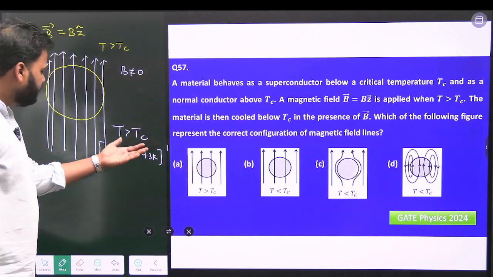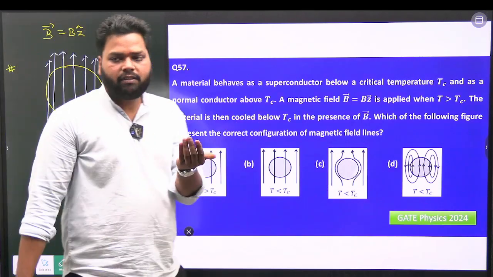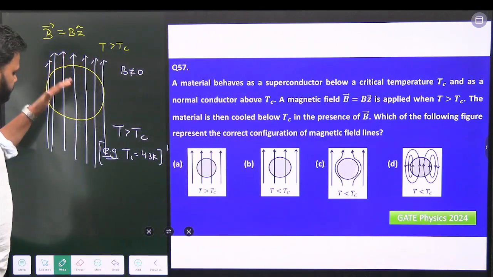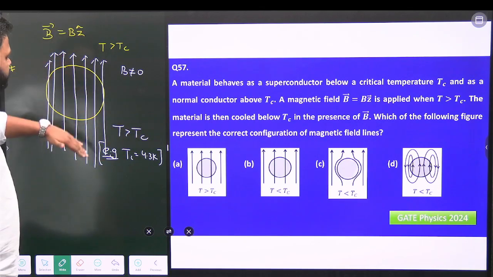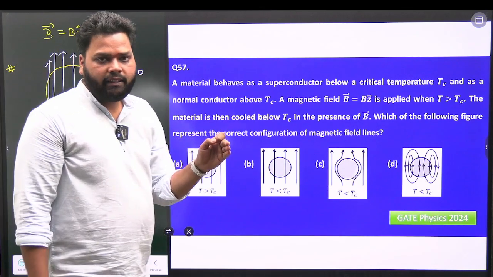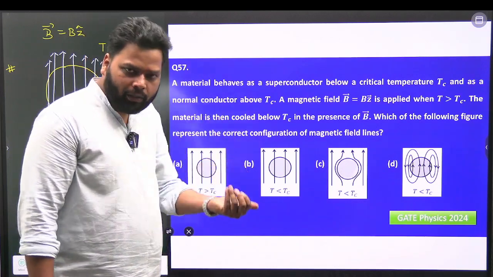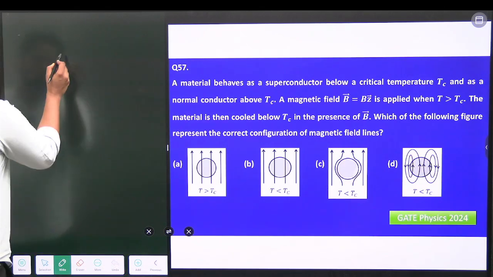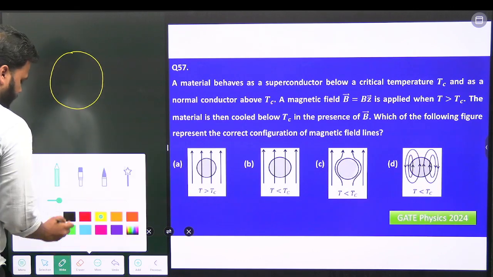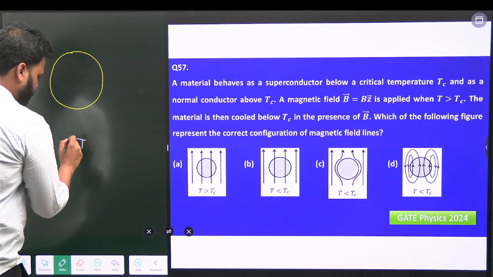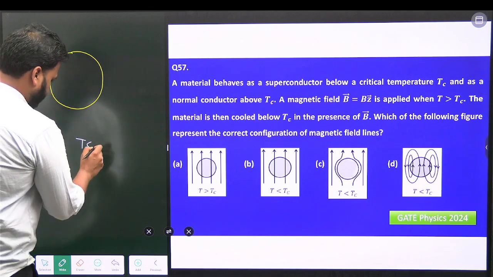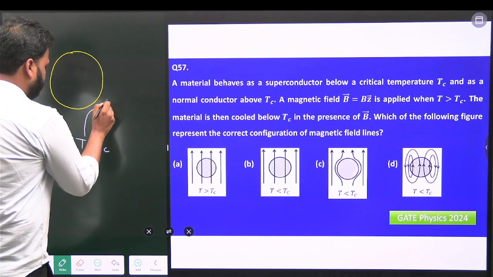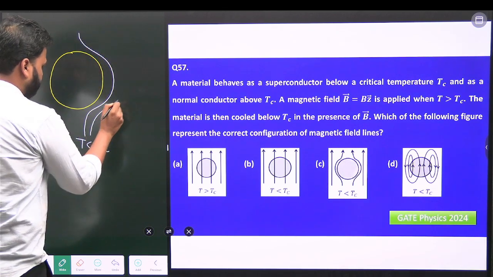Now, as we start to decrease the temperature and approach the critical temperature, it has been seen that above Tc all the field lines are crossing through the material, but as we reach the critical temperature or go below it, the field lines are repelled. At a temperature T less than the critical temperature, all the field lines are repelled by this material.